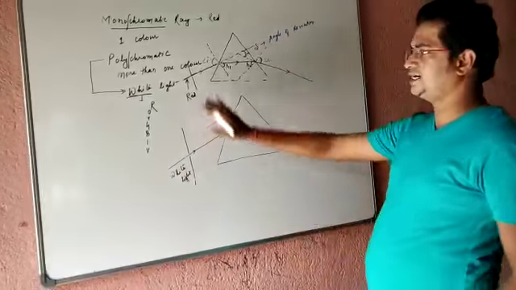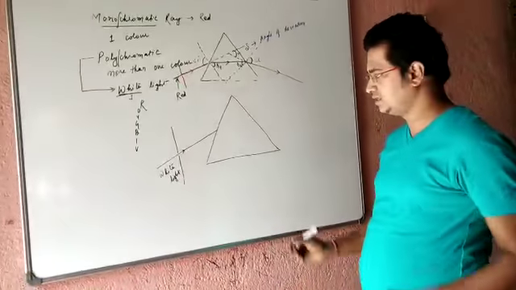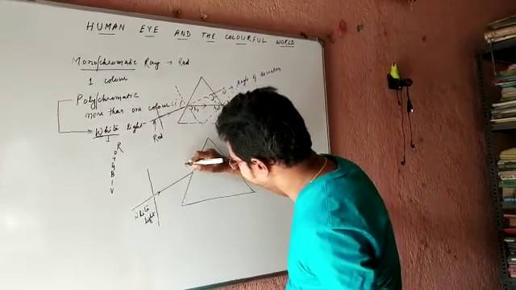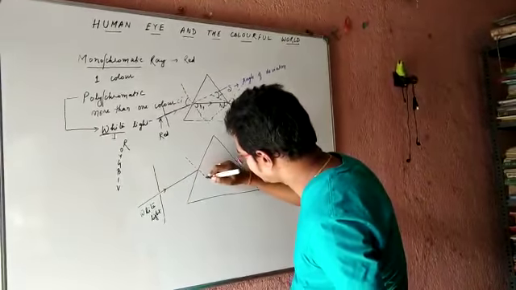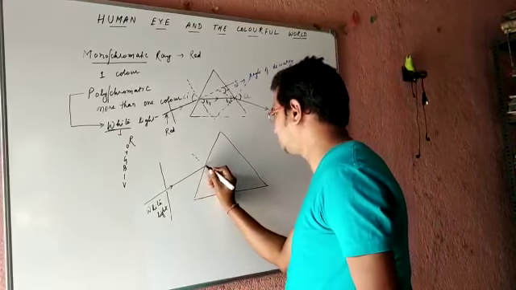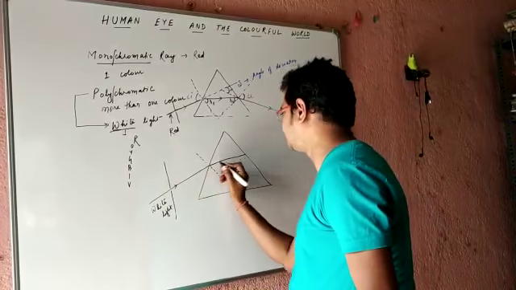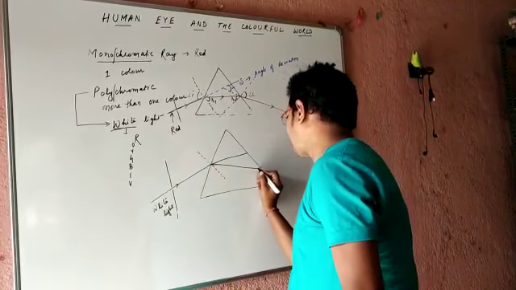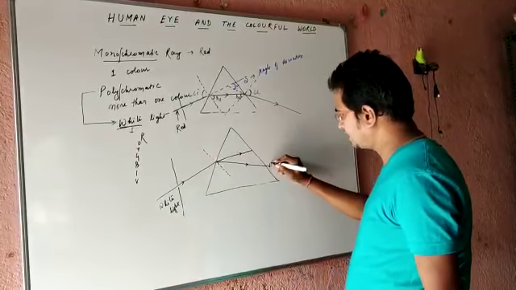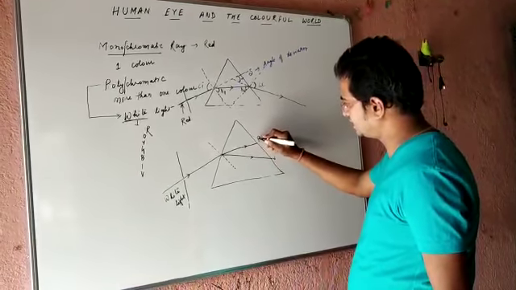You know white light is the combination of these 7 colors. So what will happen if we draw the normal here? When white light strikes, it splits into 7 constituent colors. Here we are getting violet, here it's red.